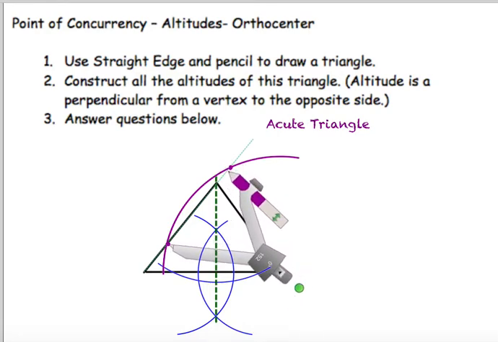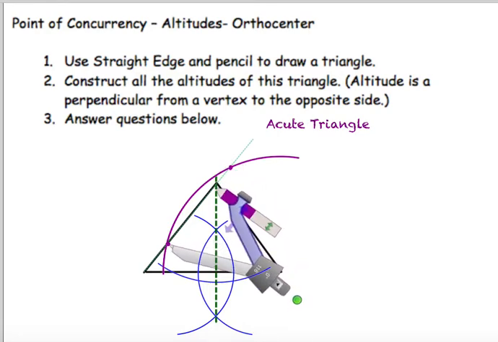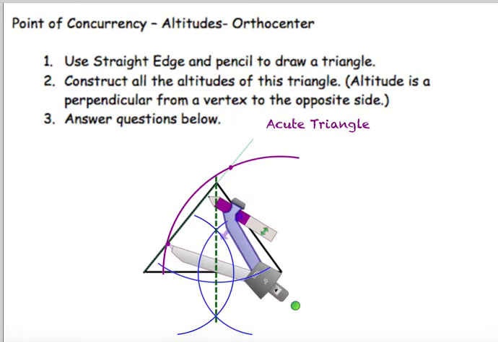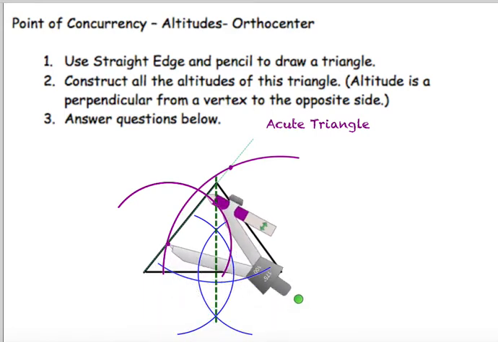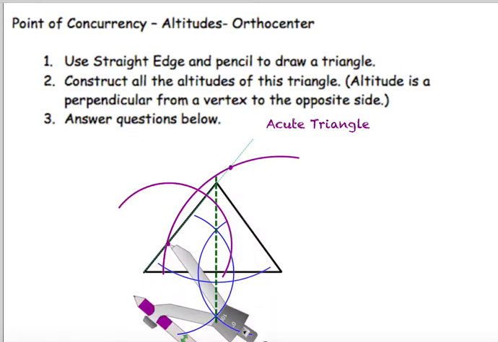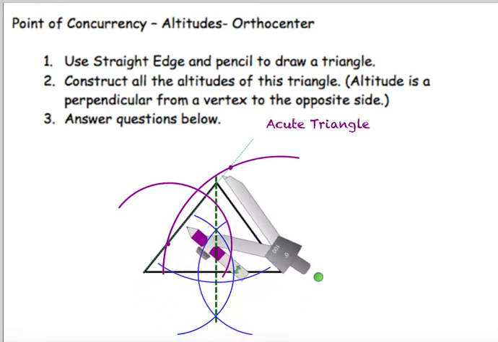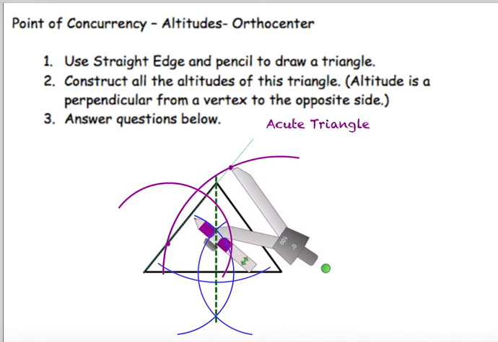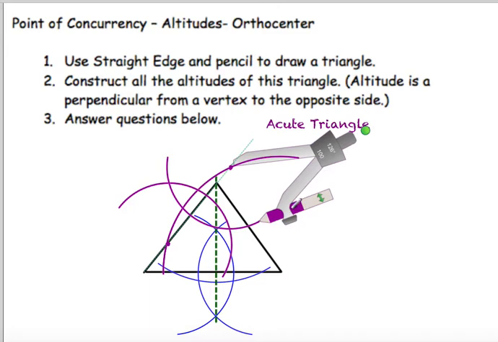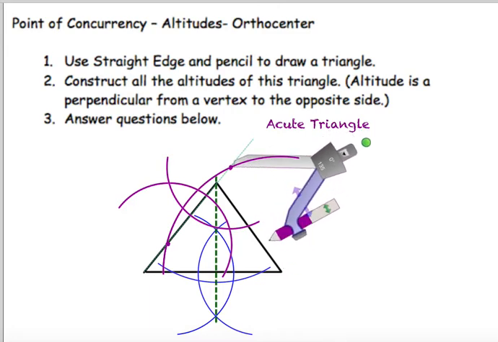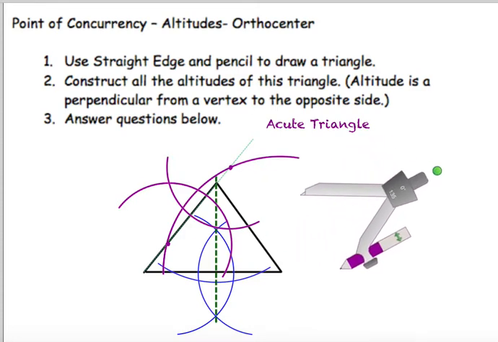Making sure that our compass is open more than halfway, but less than the whole way, and doing our arcs that we would for a perpendicular bisector. And then, good thing I don't need it at that setting anymore.